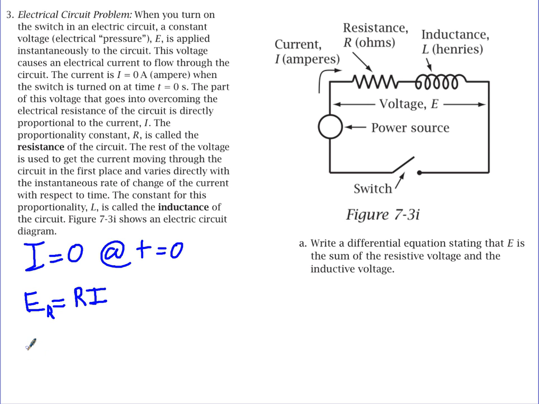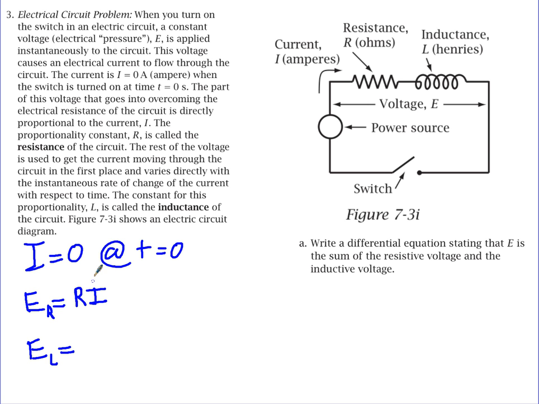The rest of the voltage, we're going to have another bit here. The rest of the voltage is used to get the current moving through the circuit in the first place and varies directly with the instantaneous rate of change of the current with respect to time. The constant for this proportionality, L, is called the inductance of the circuit. We're going to call this EL since it's the inductive voltage.